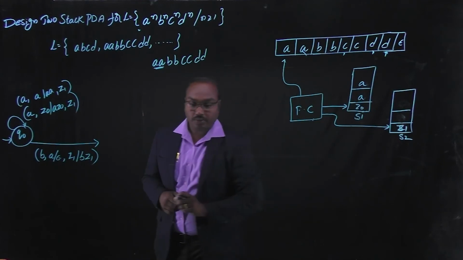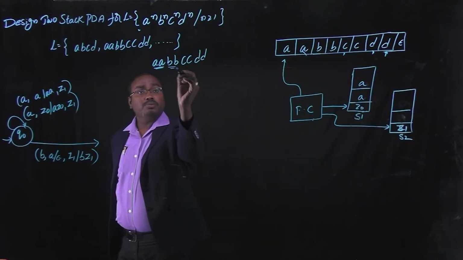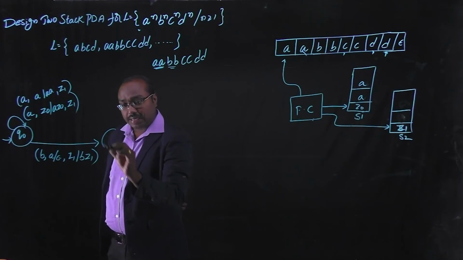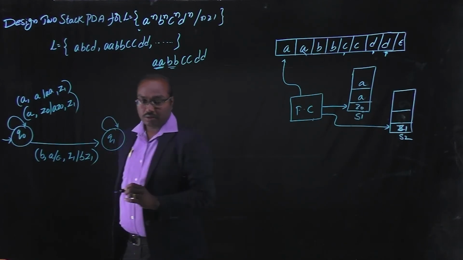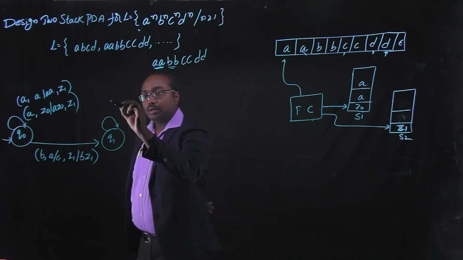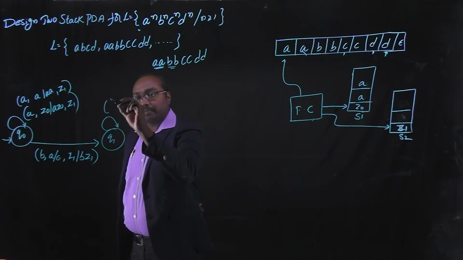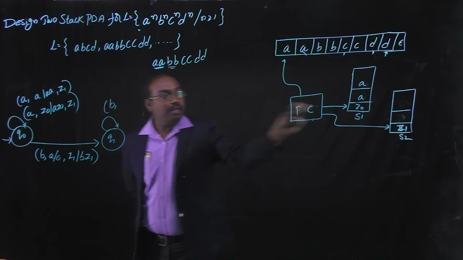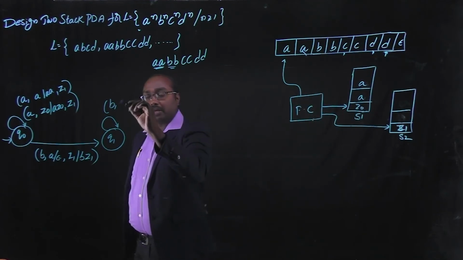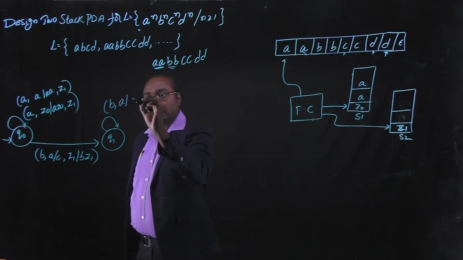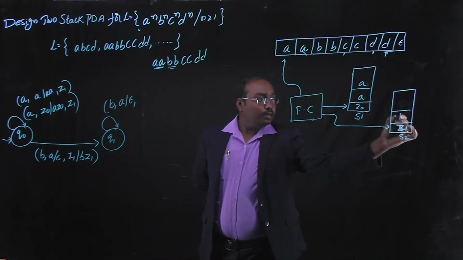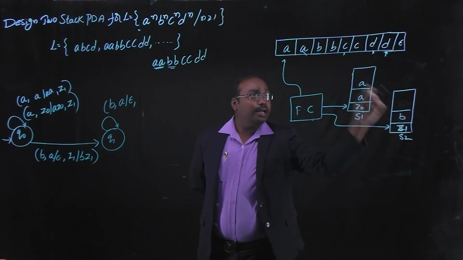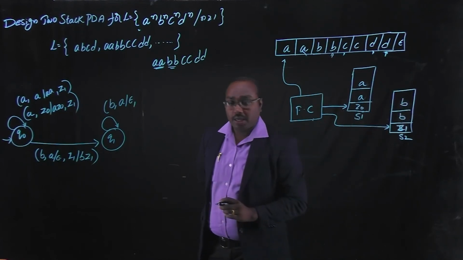Here the number of B's should match, so we write it like this, in state q1. If the input symbol is B, an A should also be popped from stack 1, with A going to epsilon, and the previous B should be inserted, and now I am reading this B, so this B also should be inserted.